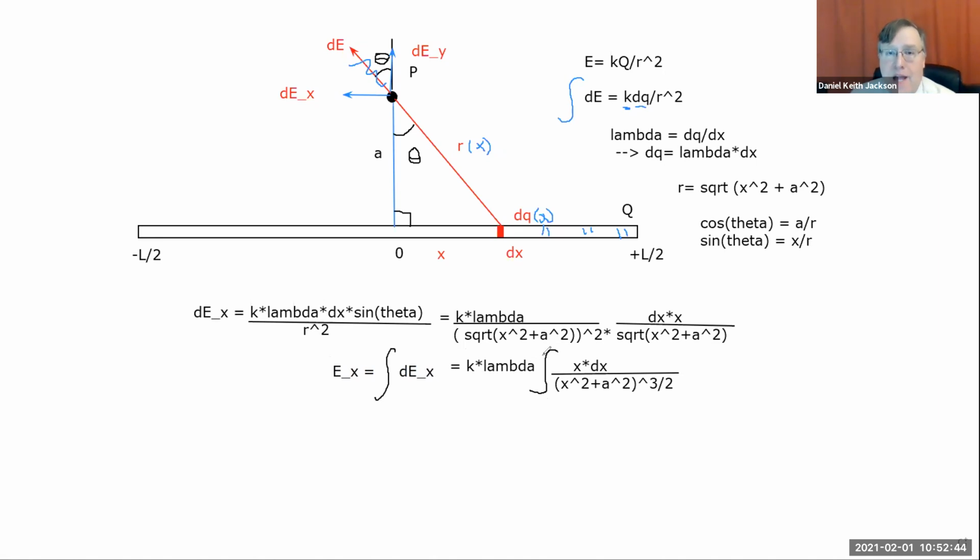We have k times lambda, which is a constant. Both of these are constants, so they can pull out to the front of the integral. They're not part of the integration. So my bounds will be minus L over 2 to plus L over 2. And now I've set up my integral.